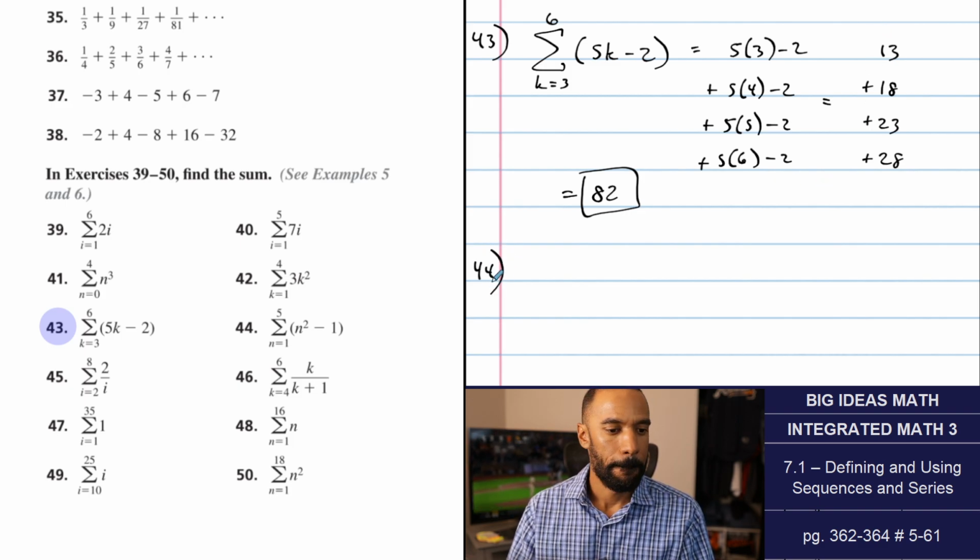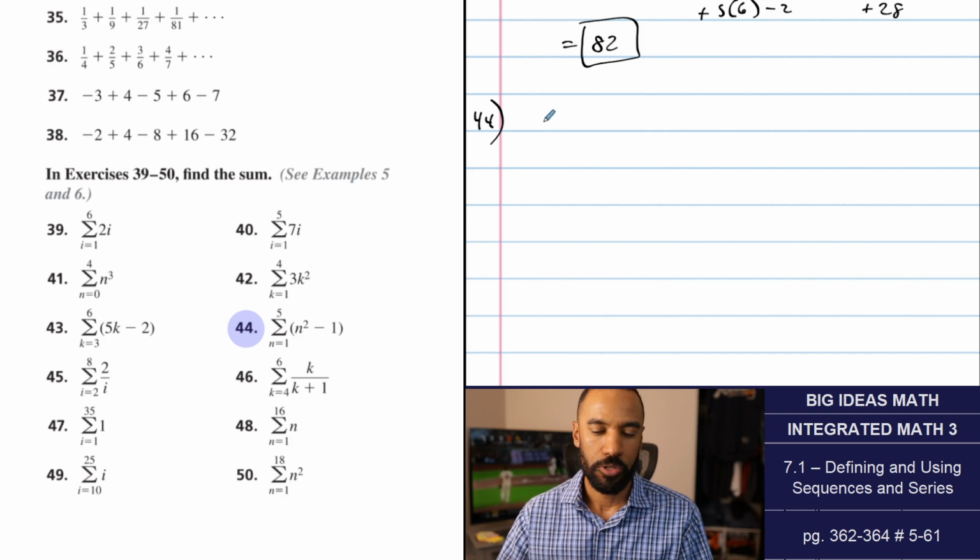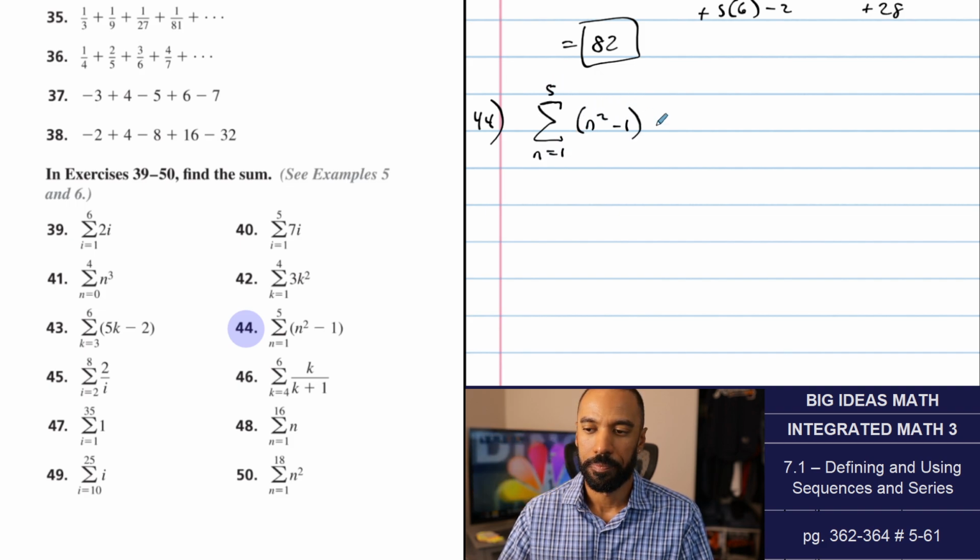Number 44. N squared minus 1. I'll do these ones in my head this time, but obviously I'll write out the list. This is from 1 to 5 of n squared minus 1.